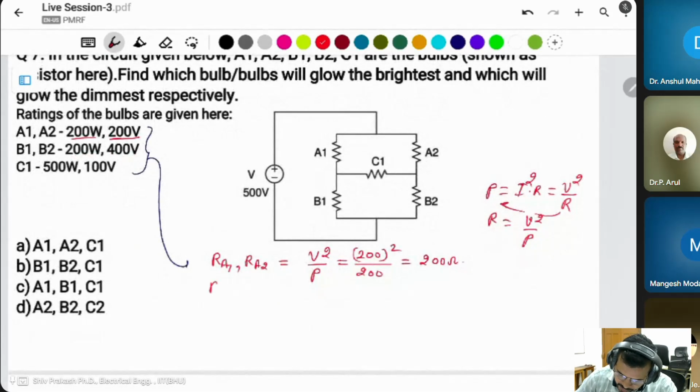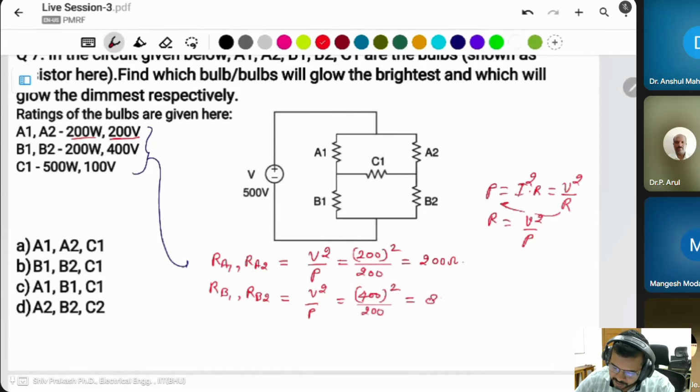Then what is B1, B2? R of B1 and B2 is also V square by P. The voltage is 400 square, power is 200.